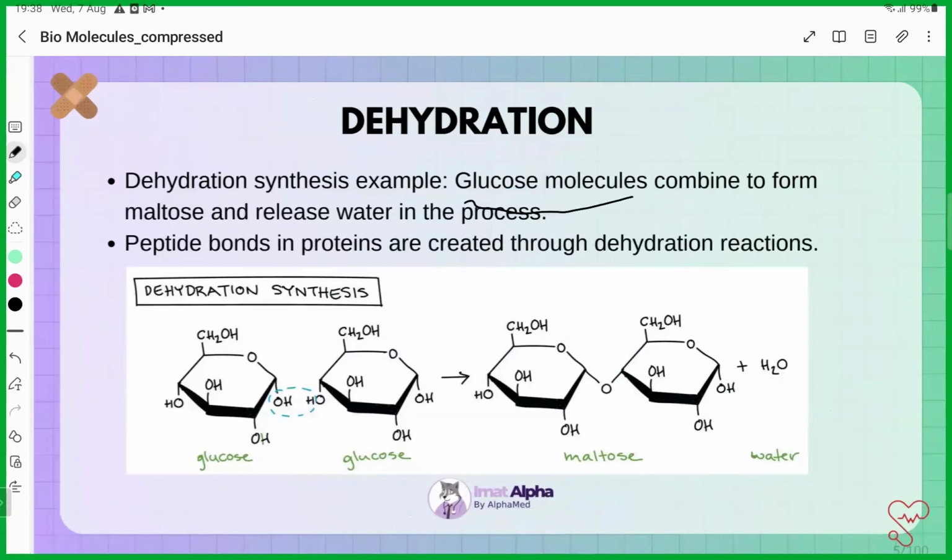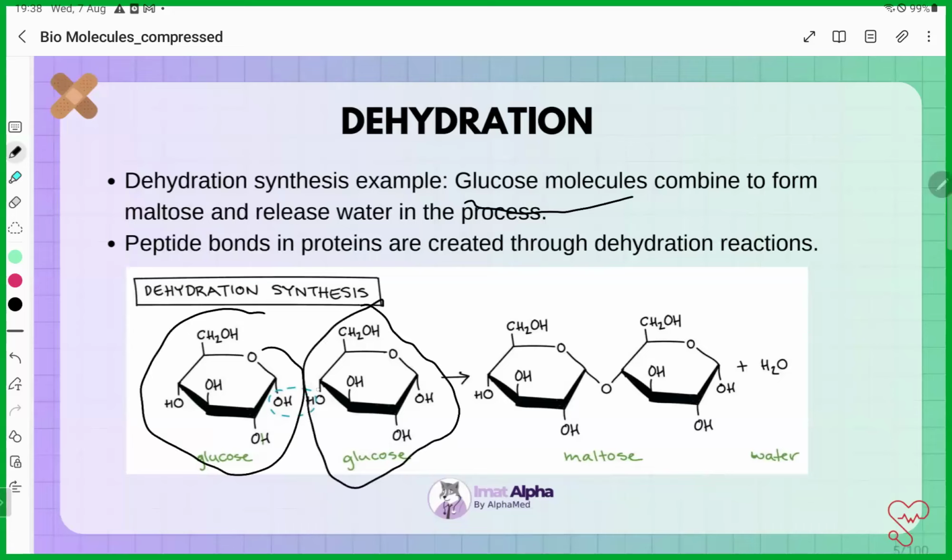So let's speak about the maltose. If you see here, the first glucose molecule and the second glucose molecule end up with a hydroxyl group on the side. These hydroxyl groups on the sides combine together, taking out H2O, because you see there are two O's, ending up with a glycosidic bond.